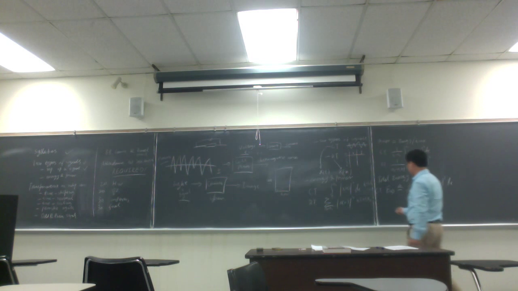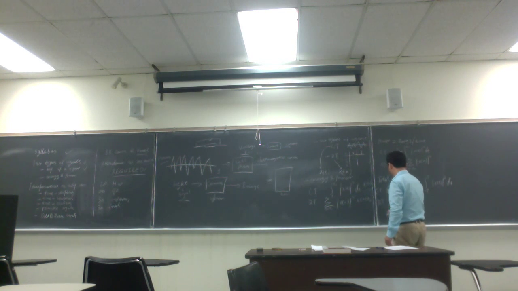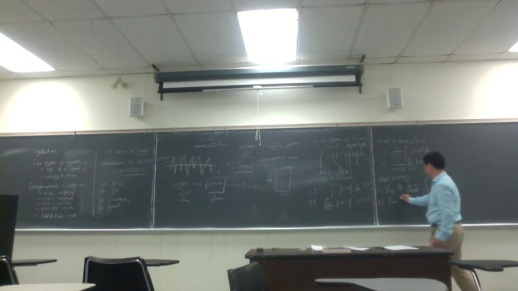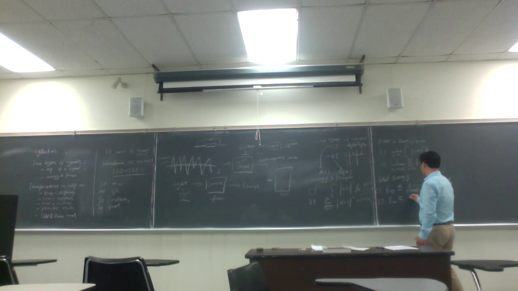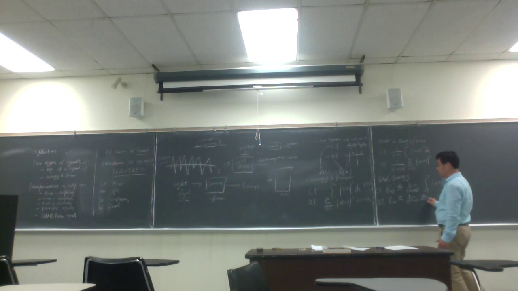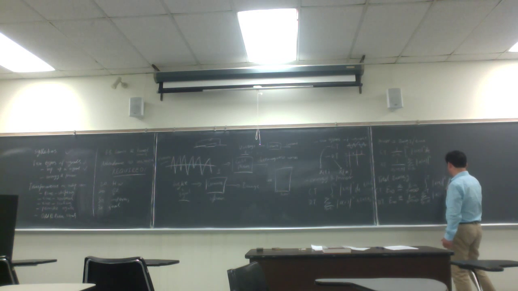And similarly, we can have the discrete time signal total energy defined as the limit as N goes to infinity, and now we sum from minus N to N the magnitude squared.